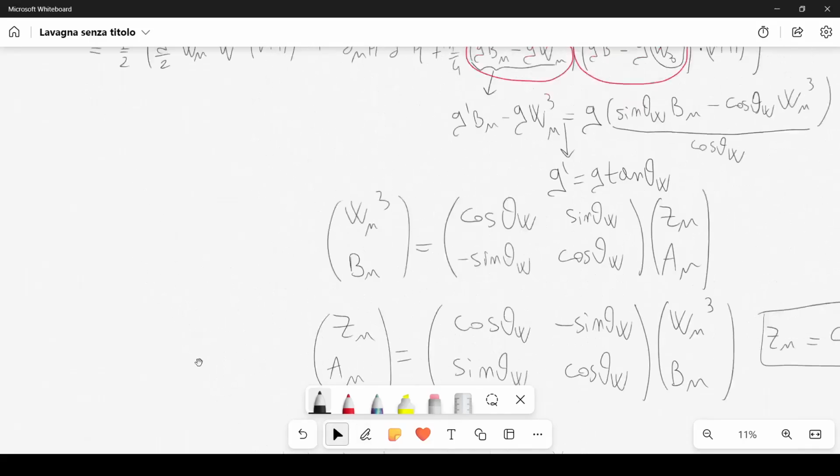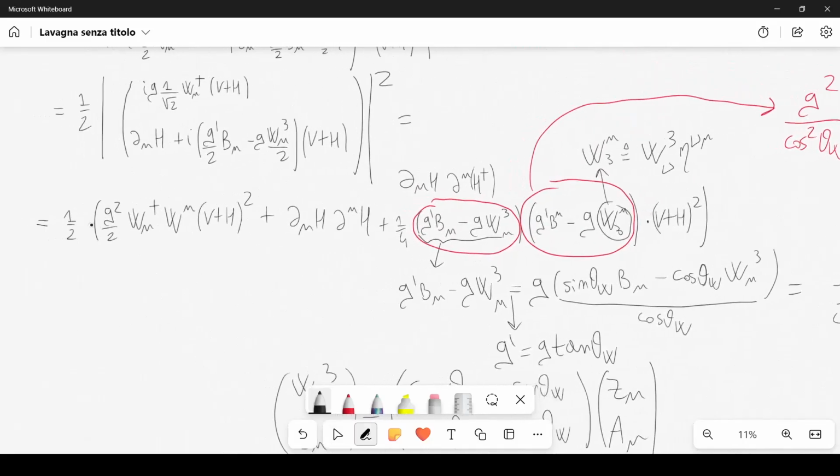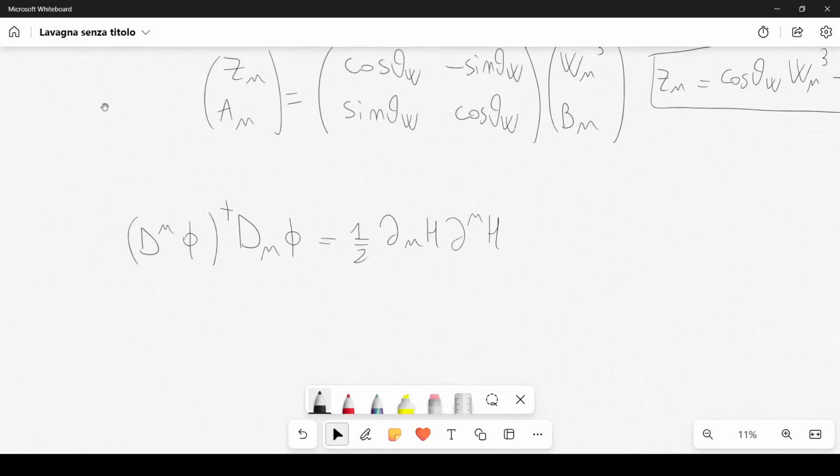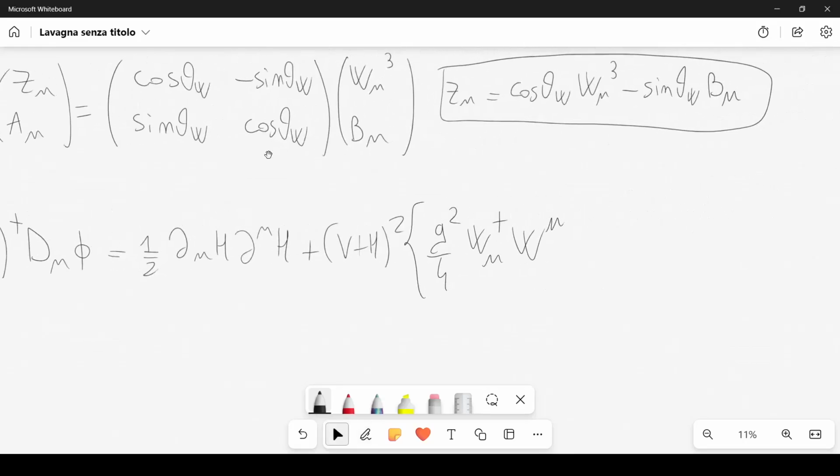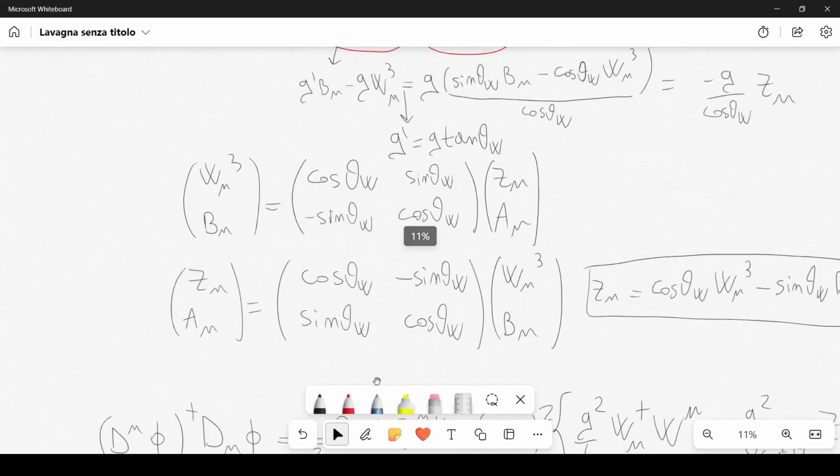So remember from here we have 1/2, and then we have this, and then we have plus (v plus h) squared, then we have g squared over 4 W mu dagger W mu, and then we also have plus g squared over 8 cosine squared theta W Z mu. This is the expression that we find.